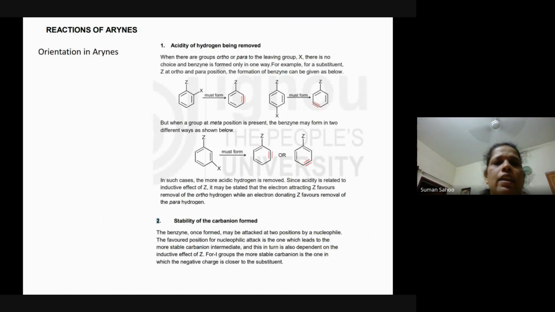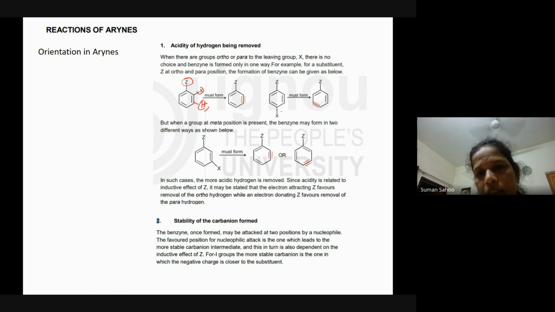Next is your reactions of arynes. First we have to see the orientation. When you have a substituent here and your halogen is already here, there is no other possibility; only this hydrogen will be removed to give you this benzyne.